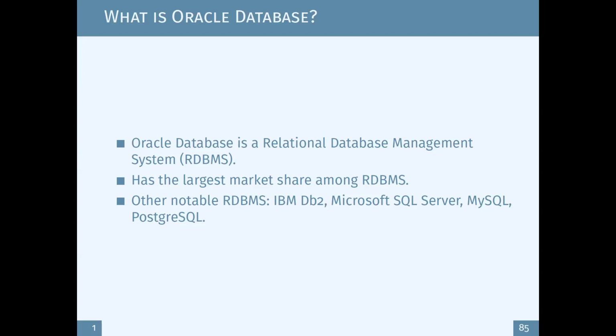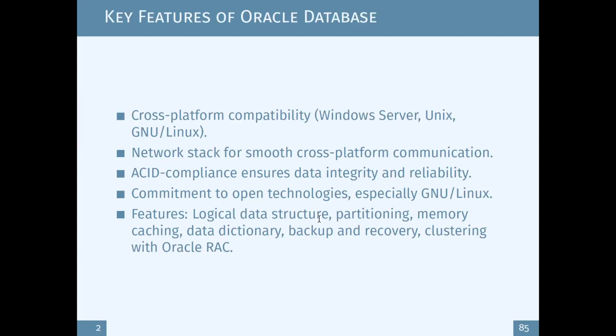One thing you need to remember is Oracle is a relational database management system, and it has the largest market share among the relational database management systems, especially from an industry point of view. Although we discuss Oracle, there are many other notable ones, for example IBM DB2, Microsoft SQL Server, PostgreSQL. Now, some ideas why we may have selected this one.